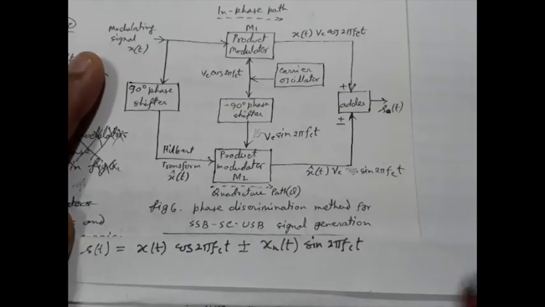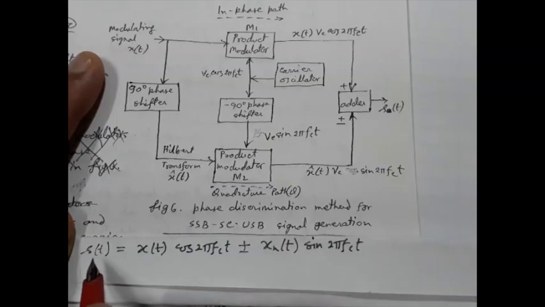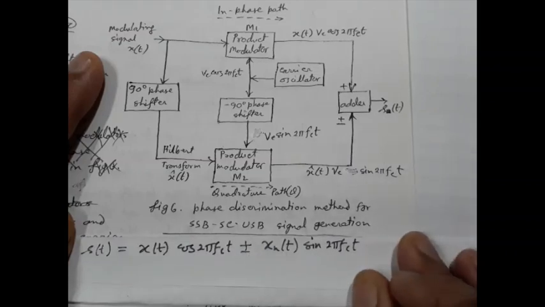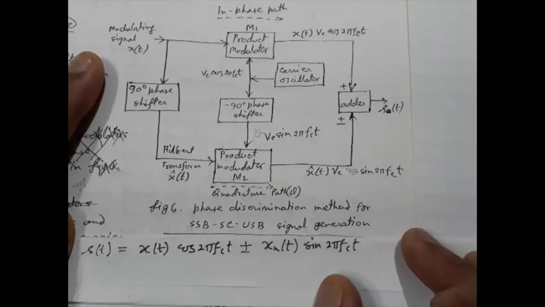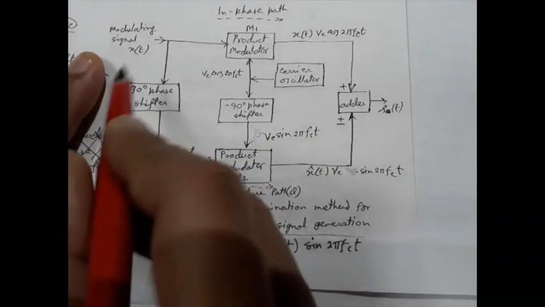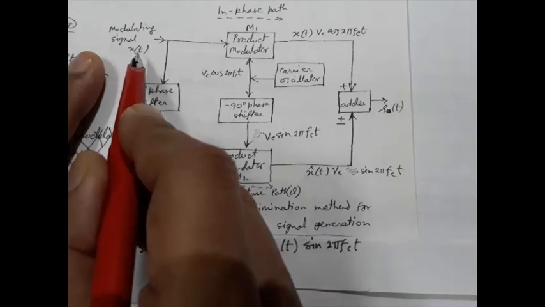Now we will consider the phase shift method. The phase shift method uses this relation x(t) cos 2πf_c t ± x_h(t) sin 2πf_c t for the generation of SSB-SC. So let us see how it works. The modulating signal is x(t).